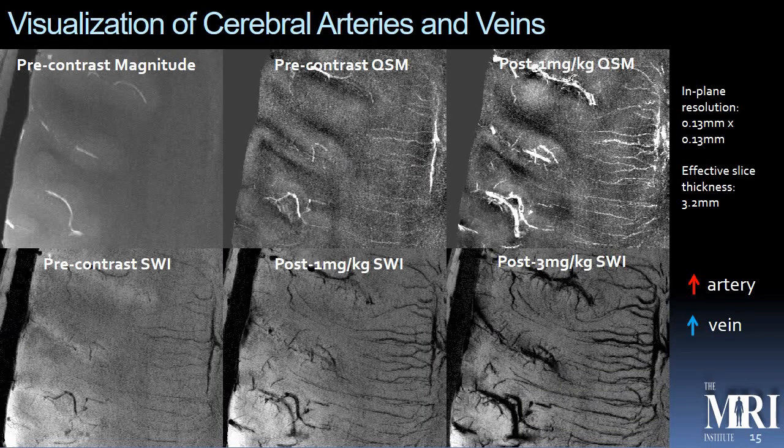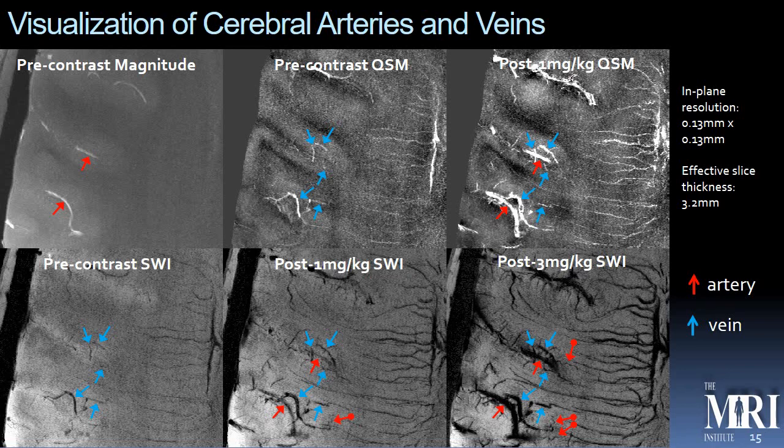Here is another example of visualizing cerebral arteries and veins. Again, tiny vessels were not visible in the pre-contrast or the post-1 mg per kilogram data, but became visible in the post-3 mg per kilogram data. These vessels are very likely cerebral arteries.